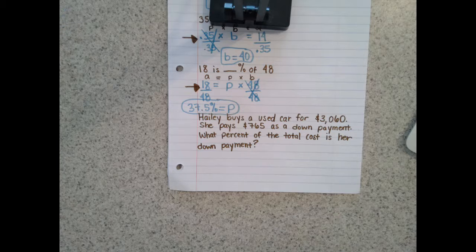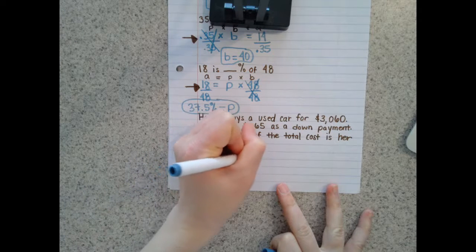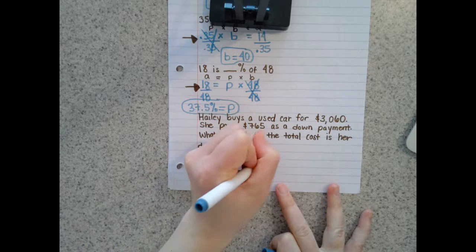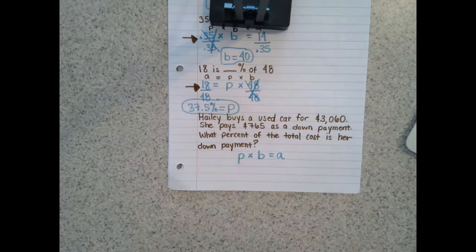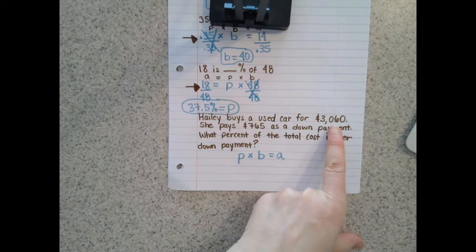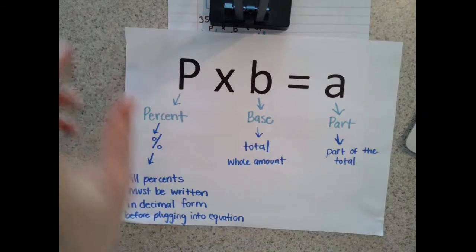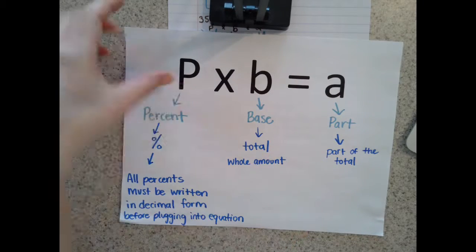I'm going to use the percent equation and fill in what I know for these variables. Percent times base equals part. Let's go to the first number. $3,060. This is the total cost of the car. Now base, your base is always your total.